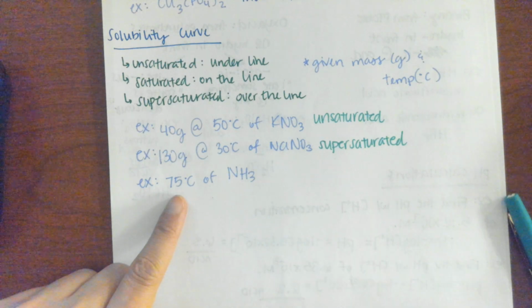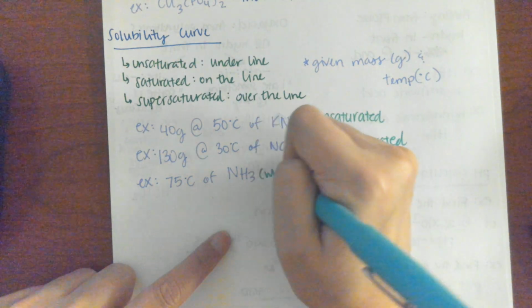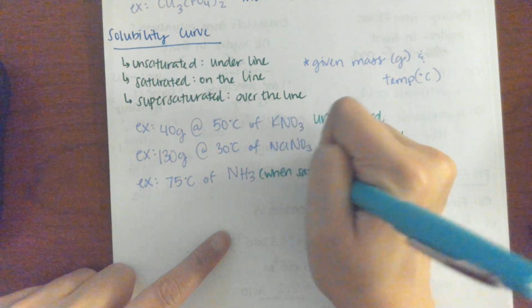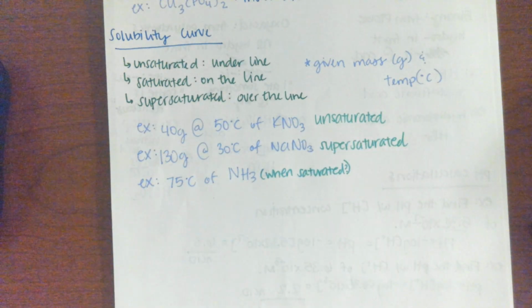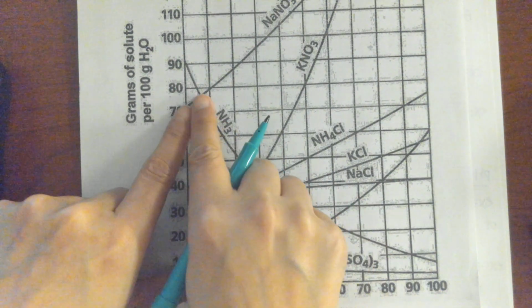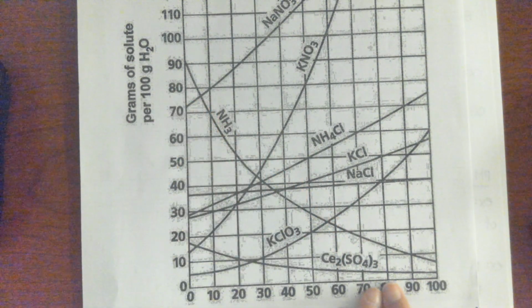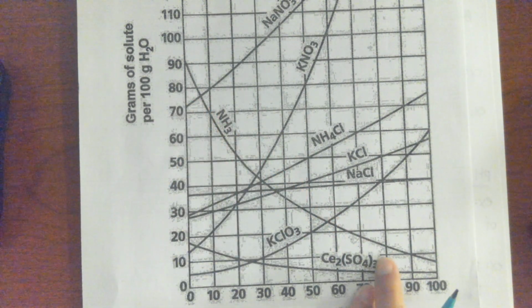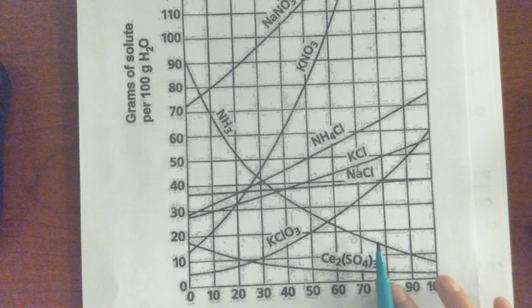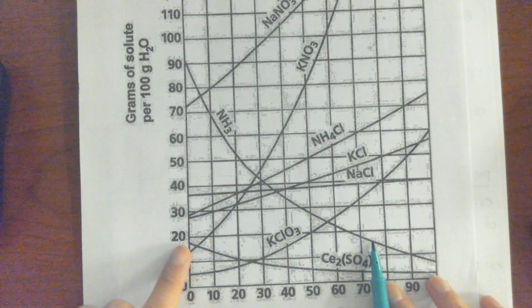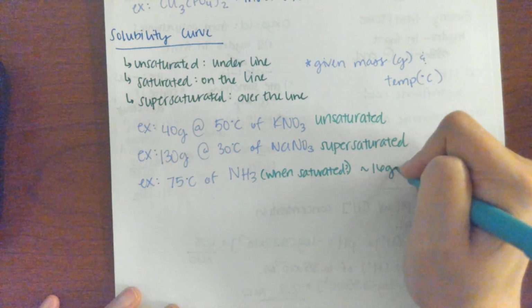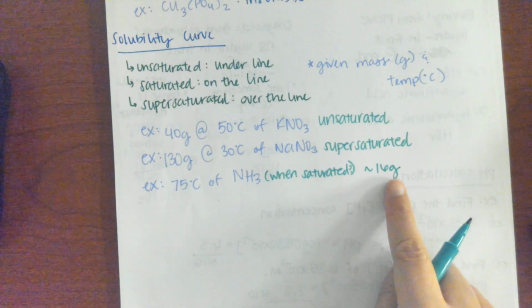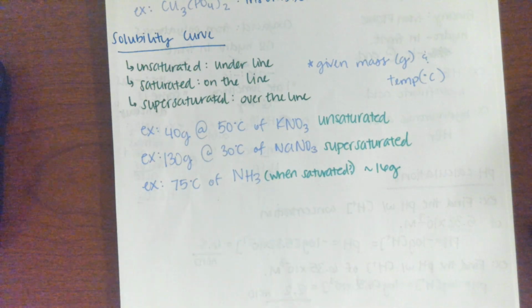So when is it saturated? Let's take a look here. NH3 is this line here. 75 degrees is roughly here. I go up to the line. Just a rough estimate, it's about maybe 15, 16 grams. So it's saying it takes 16 grams at this temperature for it to be saturated.